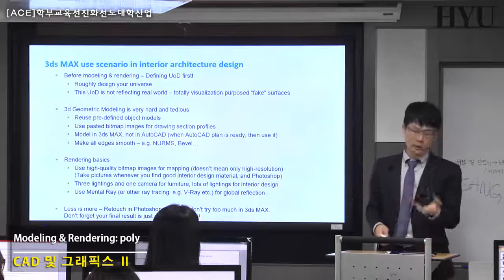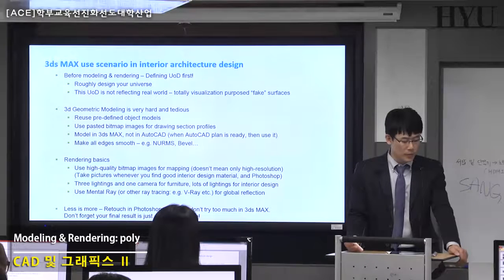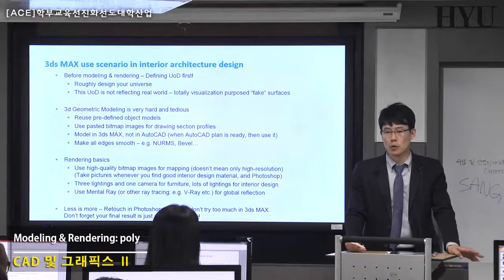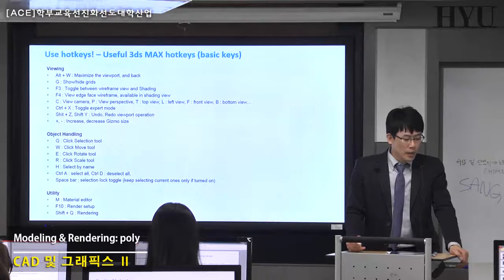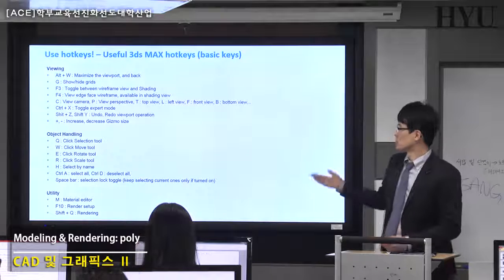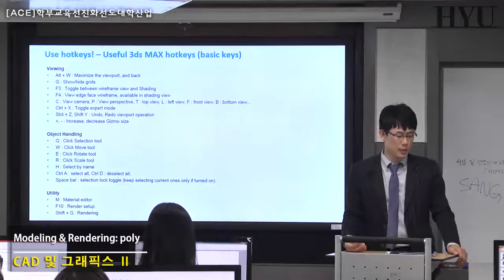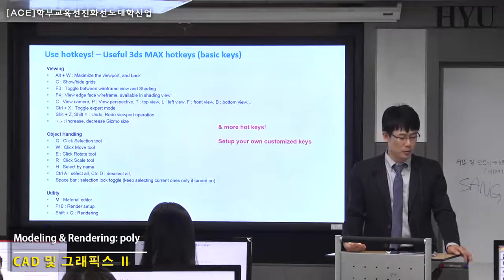We're going to deal with that in our lab exercise hours. And some Photoshop skill, always important. Also, use hotkeys. The single page with the most important hotkeys is listed up here, okay?